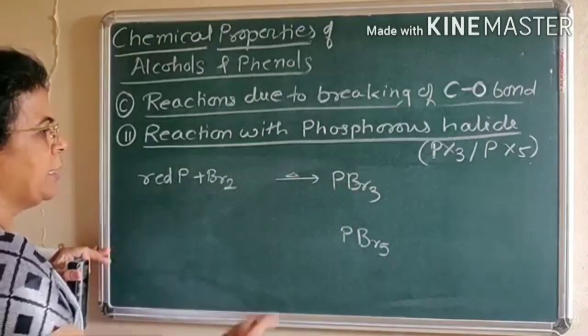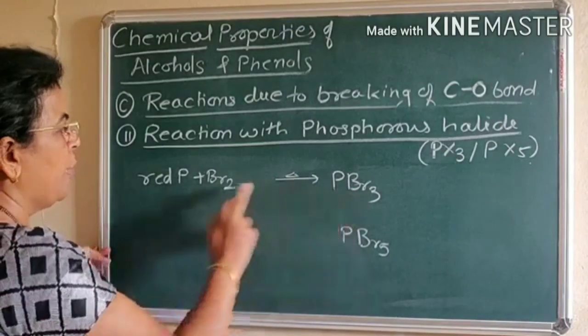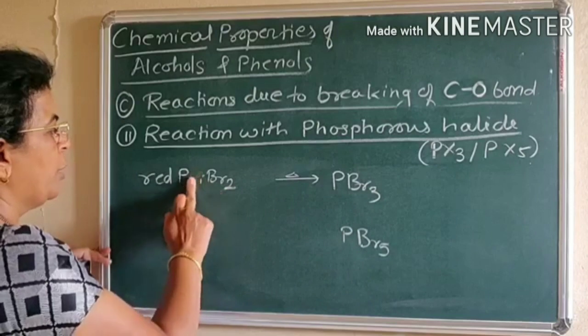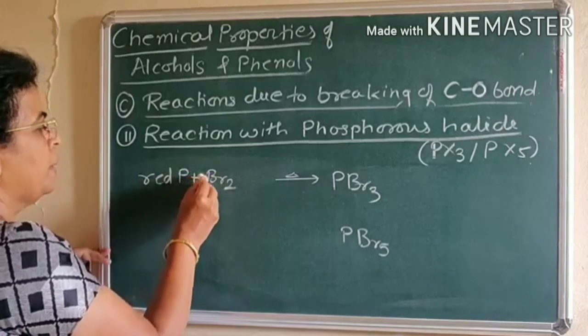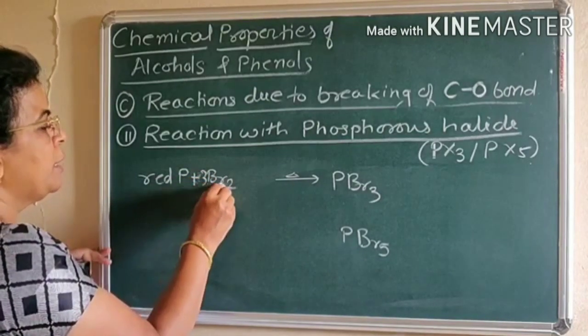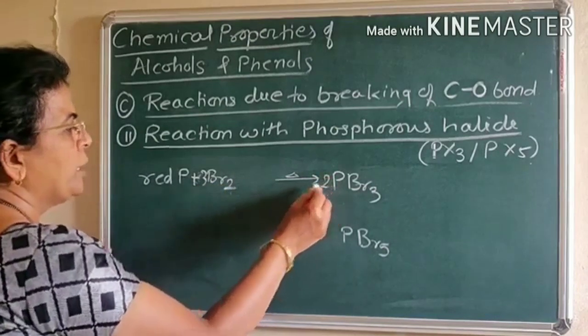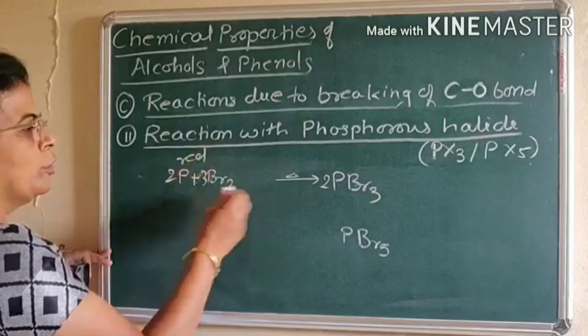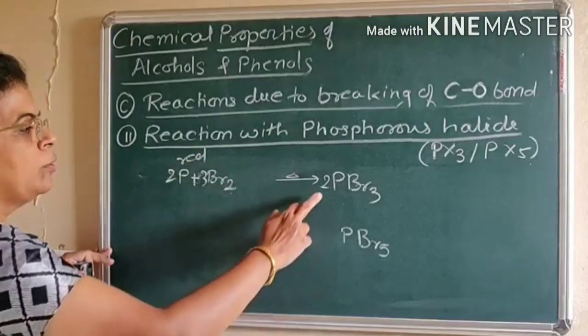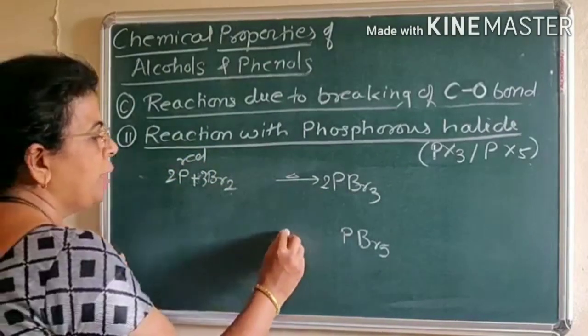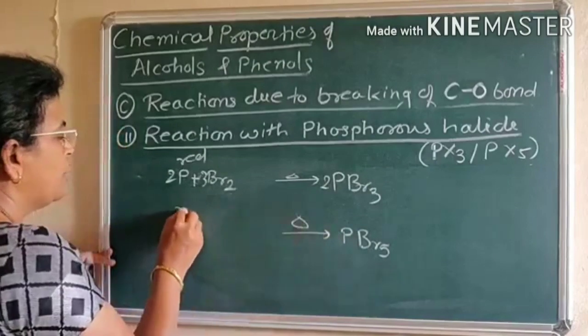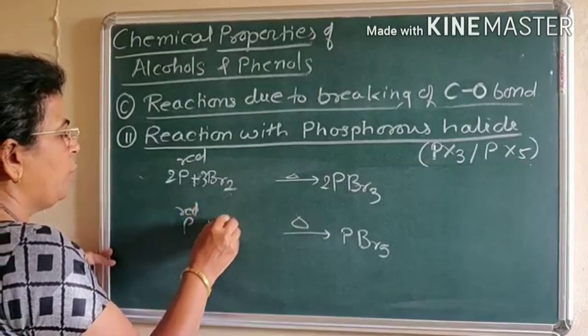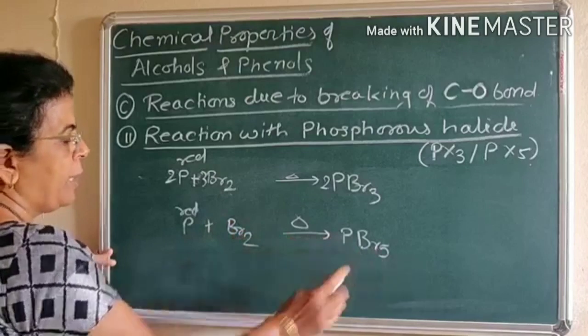We have to balance this reaction. Here there are 3 bromine and here there are only 2 bromine. Therefore we have to write here 3 molecules. That is, it becomes 3Br2. Now here write twice. Then red phosphorus becomes 2 molecules. This is balanced reaction. 2 PBr3 are formed. Similarly, when red phosphorus is treated with bromine molecule, we will get PBr5.